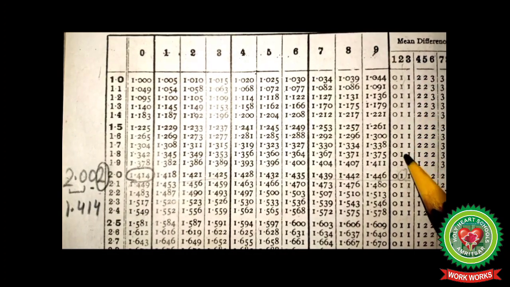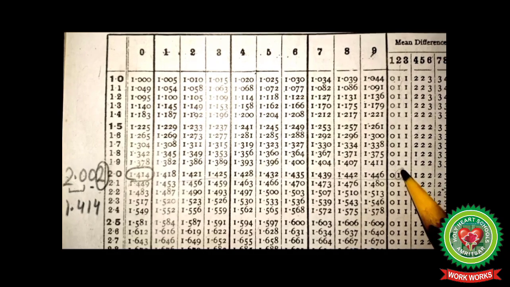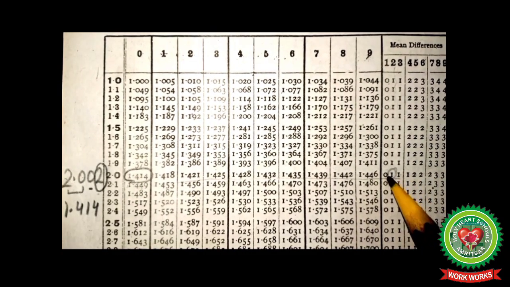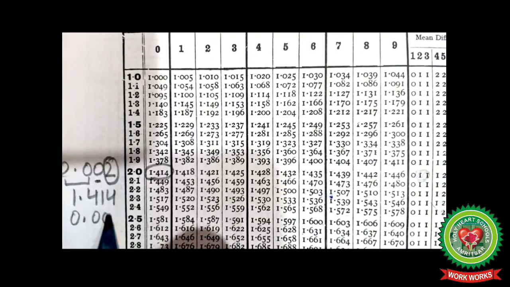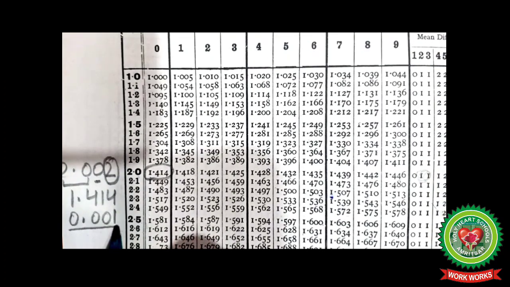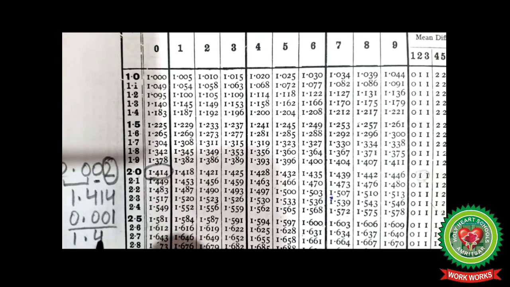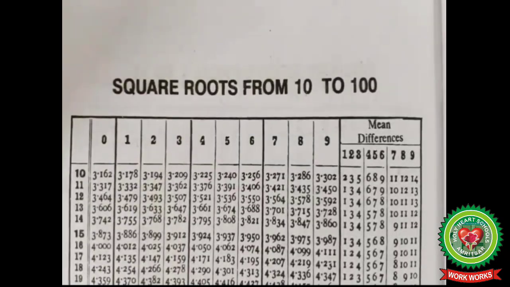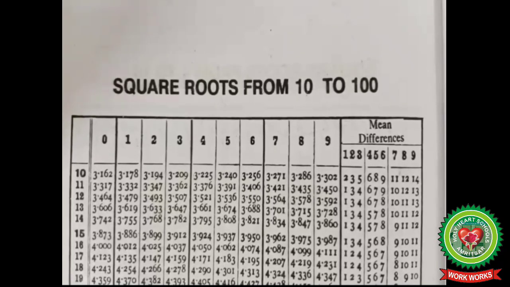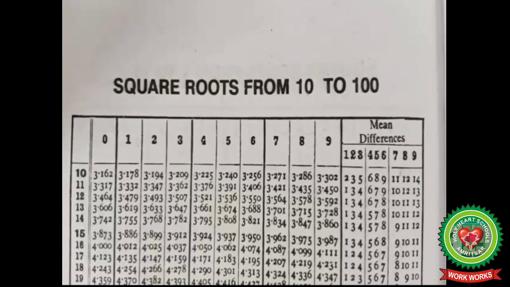In front of 2.0 the mean difference is 1. So we have to add 0.001. After adding, the answer is 1.415.